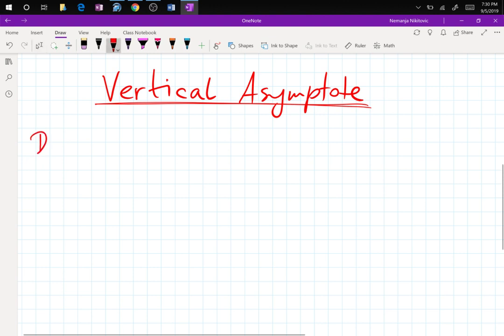So here we go. Vertical asymptote, VA. I'm not going to spell it out every time.